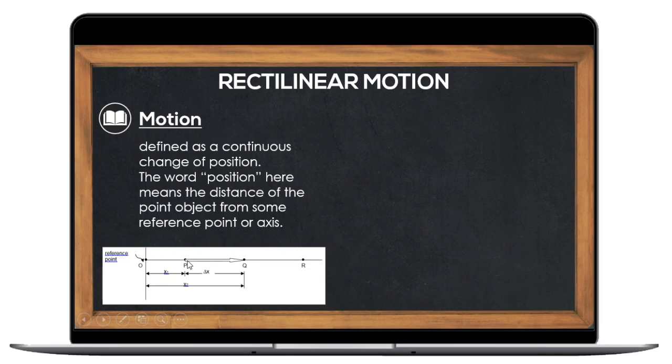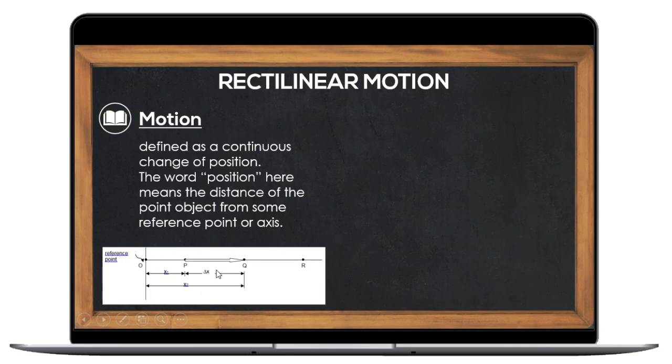Then, let's say this object is moving from point P towards point Q. The distance of point Q with respect to the reference point O is x sub 2.